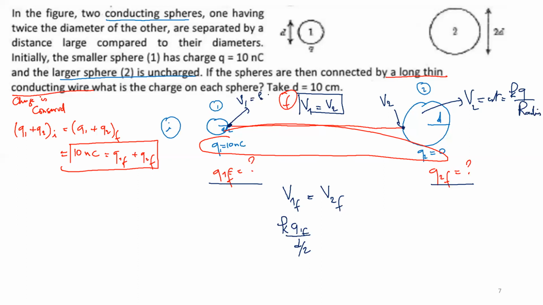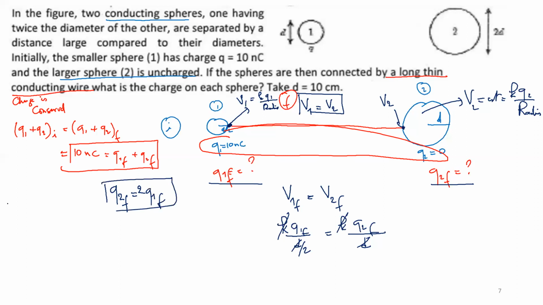So here it will be K Q2 final divided by the radius, which is D. You see that the K will simplify, D will simplify, and I will end up with Q2 final is just 2 times Q1 final.